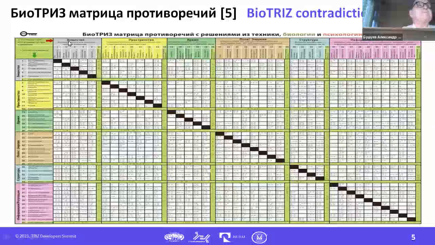So we have different sections in this table. There is space, time, field, energy, structure, information, and regulation. So again, substance, and the same here, substance, space, and others. So this has been split into sections.